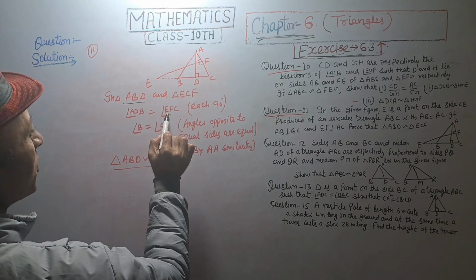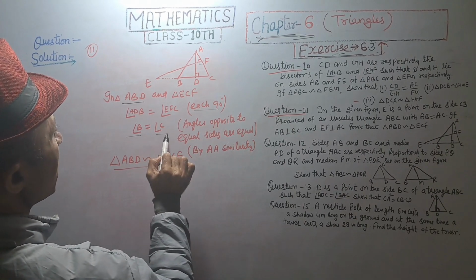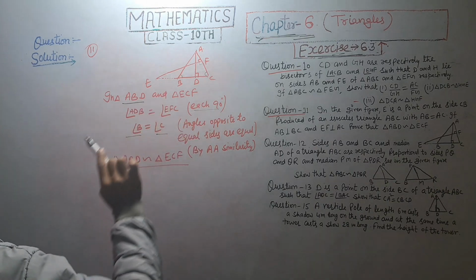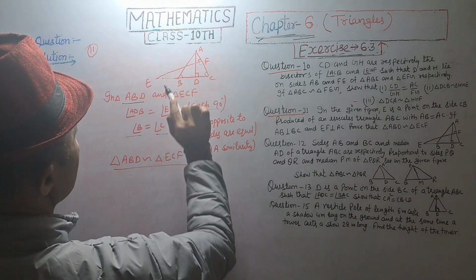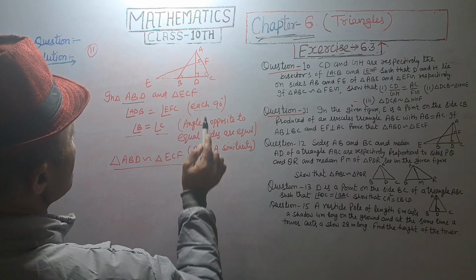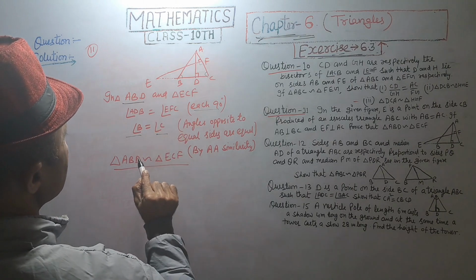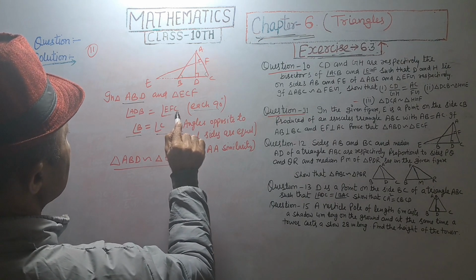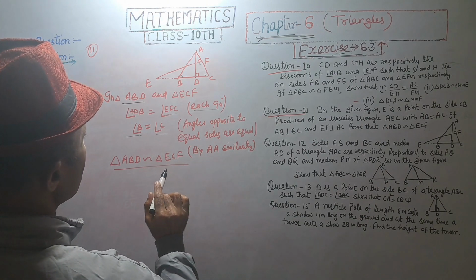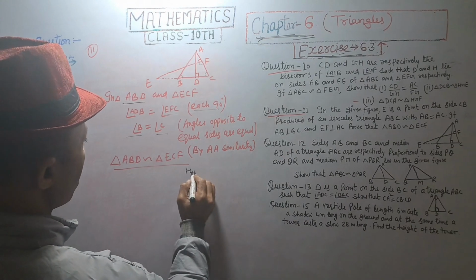Angle ADB is equal to angle EFC, 90 degrees. Angle B is equal to angle C, angles opposite to equal sides are equal. So by AA similarity we get triangle ABD is similar to triangle ECF. Hence proved.